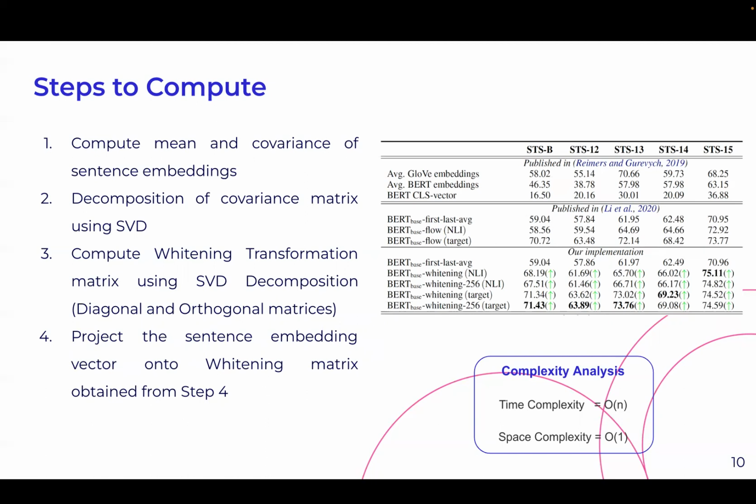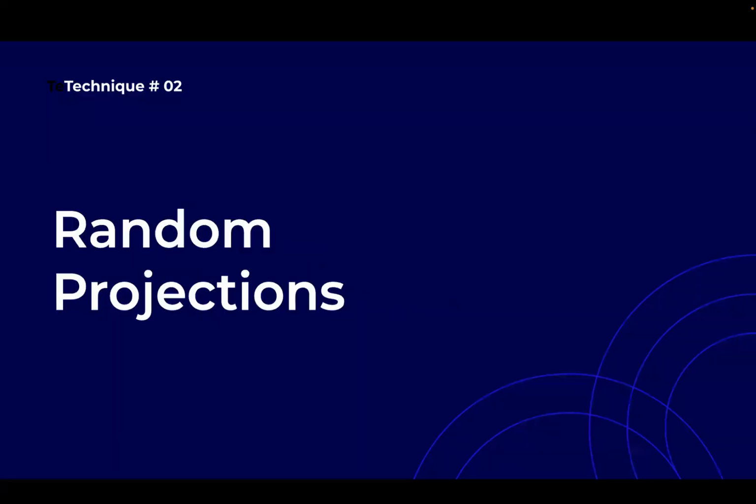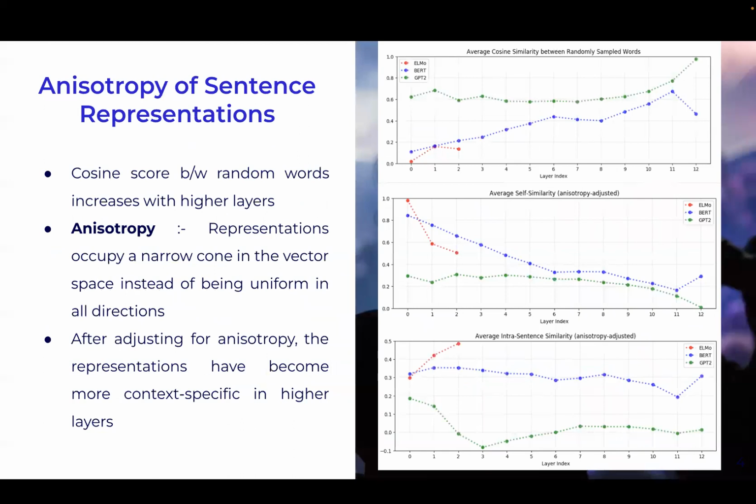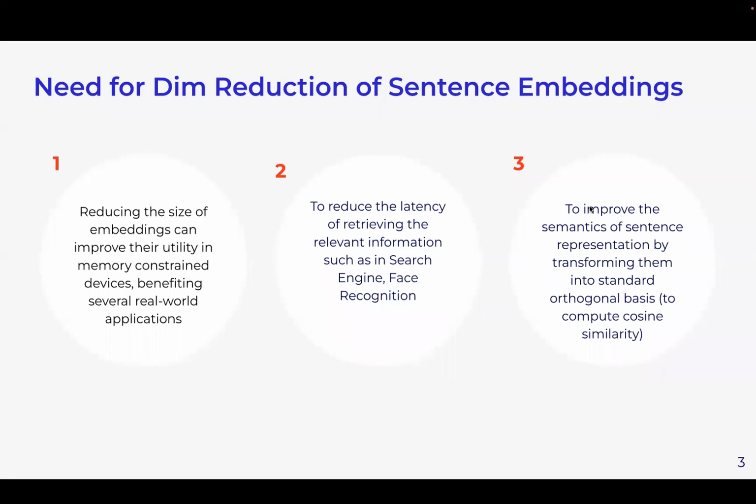This is achieved because, as I explained here, we are trying to remove the anisotropy in the sentence representations in the whitening transformation. Once we are able to remove the anisotropic behavior from the representations, then we can satisfy the third condition.